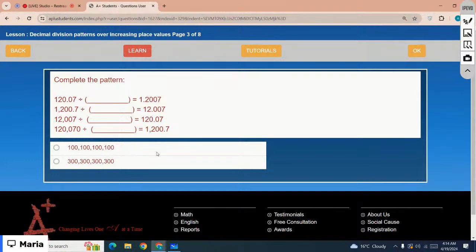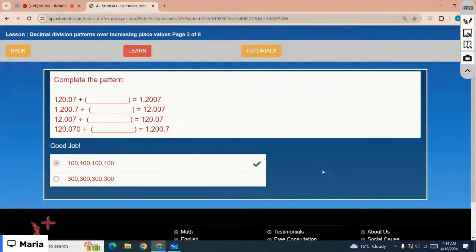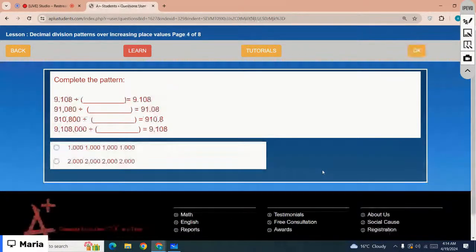You have to divide them by 100. Okay, which is the correct option?